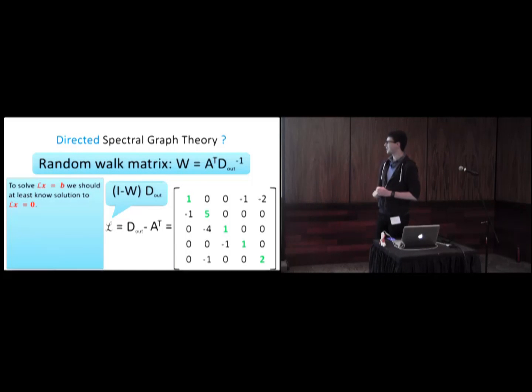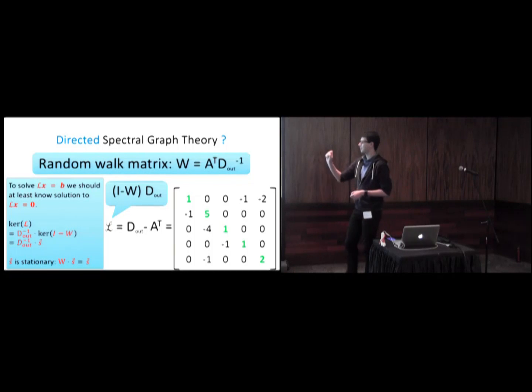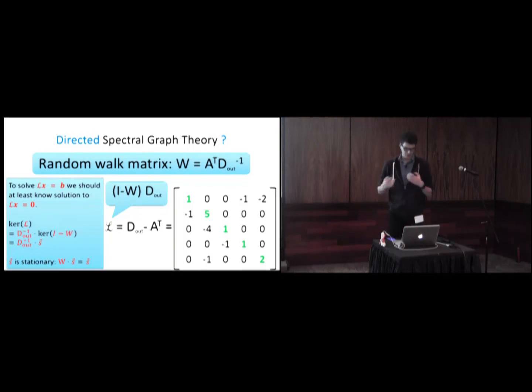To know the kernel, we'd also better know the stationary distribution of W, because by definition the stationary distribution of W belongs to the kernel of I minus W. Therefore, the kernel of this directed Laplacian is just a scaling of the stationary distribution.